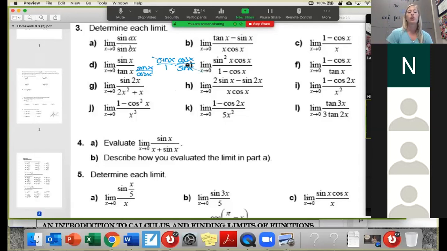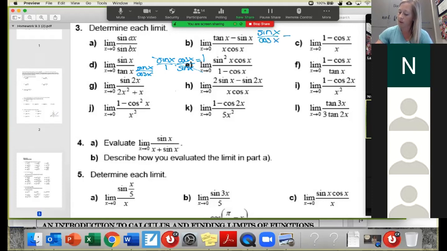Right? So then cosine at 0 is just 1. Did you do B? 3B? Yes. I would have worked with the top first. Tangent is sine over cosine.